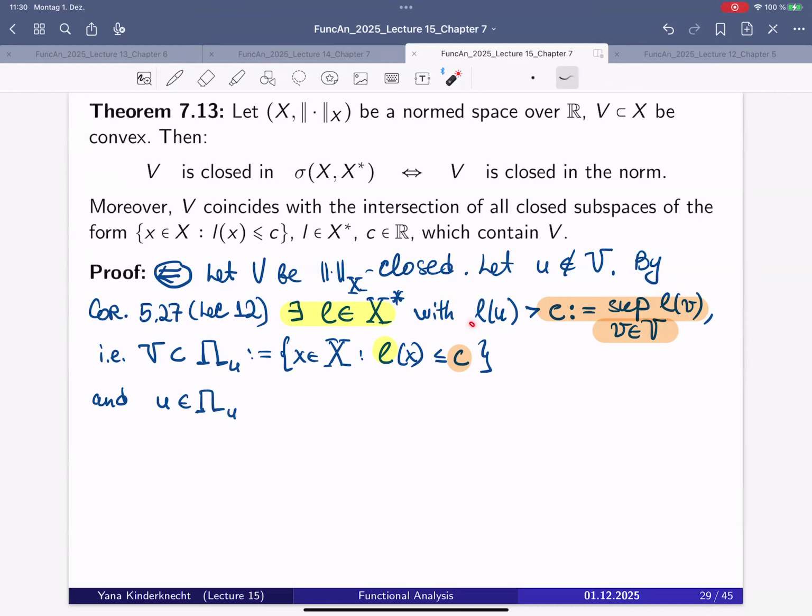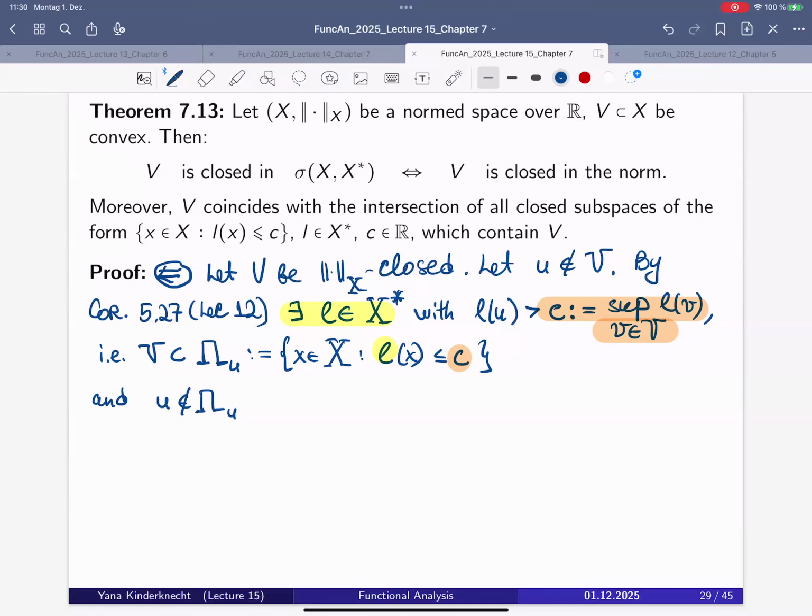Yes, because L of U is strictly bigger than C, and P_U is the set of all points where L of x is smaller or equal to C. And U does not belong to P_U. Okay, agree? Yes.